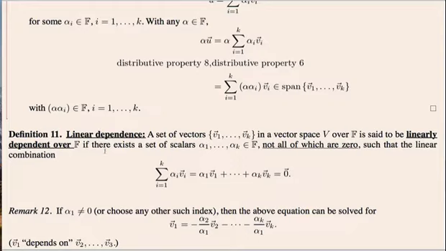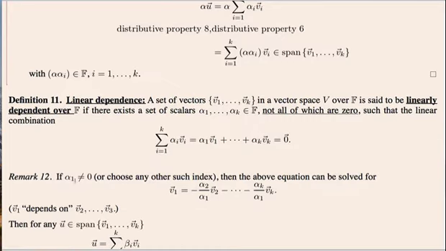If we have this, a set of linearly dependent vectors, then, for example, if alpha_1 is not 0, but then you could choose any other such index where alpha is not 0. We assume that not all of which are 0, so we could have alpha_1 equal 0, but then we would choose another index for which alpha is not 0. Let's assume for simplicity that alpha_1 is not 0.